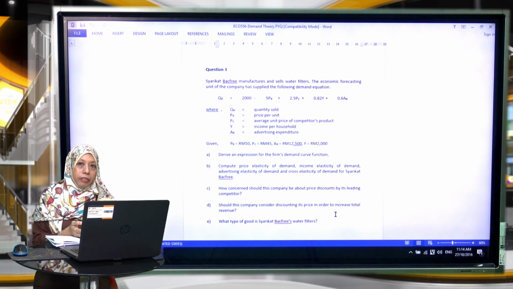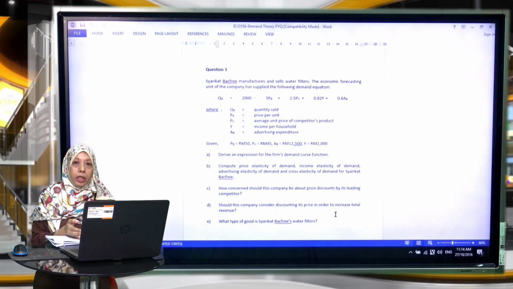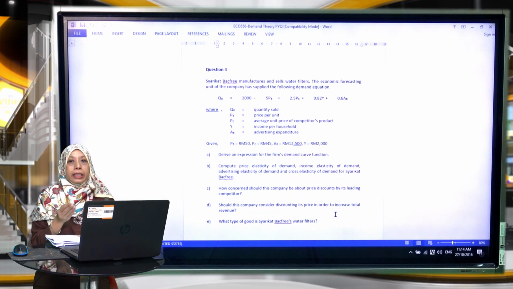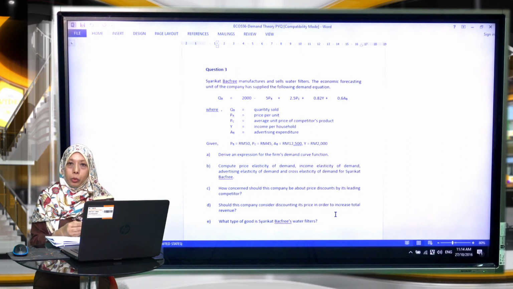The third type of elasticity is the cross price elasticity of demand. This will help you to determine the relationship between your product and competitors' product, whether it is substitute or complementary. And the last one would be advertising elasticity, which looks at the effectiveness of your advertising strategy.